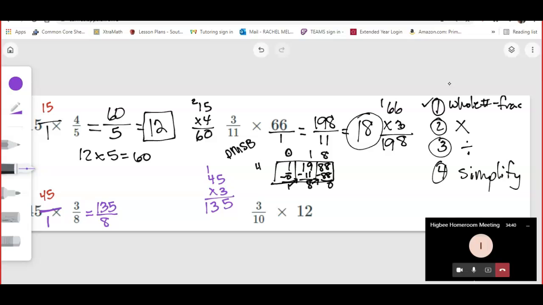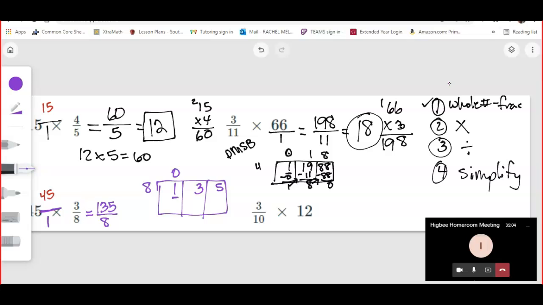Divide. I'm going to give myself a bit of room because I don't have a whole lot of room on here. So, let me do my box. So I have 135 divided by 8. All right, if I have 1, do I have enough to make a group of 8?